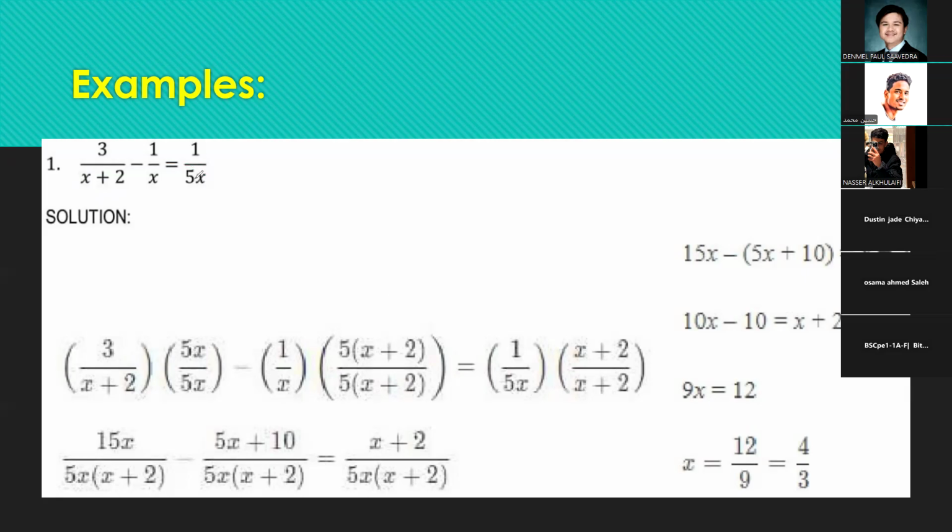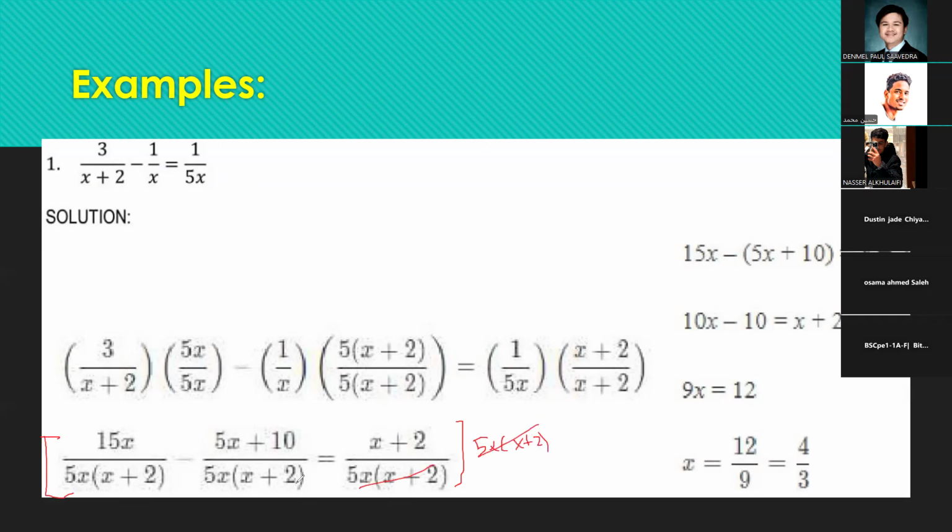For the last one, it already has the 5x but it doesn't have the x plus 2. So just multiply x plus 2 to the right side of the equation. And then as a result, you will get those. Now, to show you how we cancel out the denominator, just multiply 5x times x plus 2 on the entire equation.